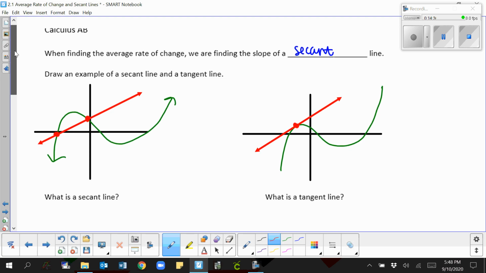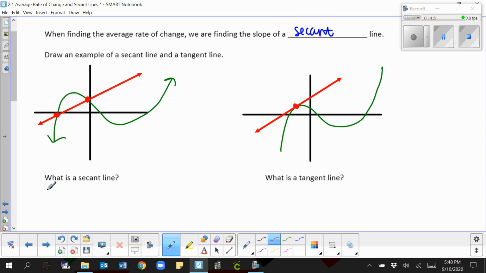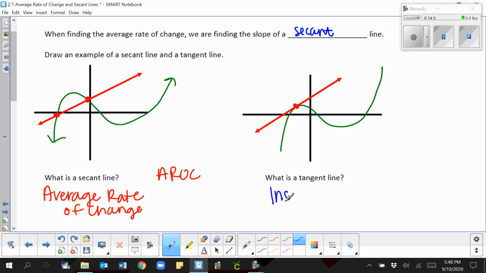So the shift that we're about to make, our secant line finds our average rate of change. A tangent line is going to find an instantaneous rate of change.